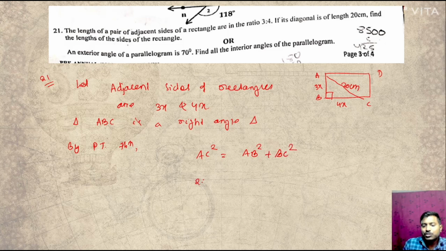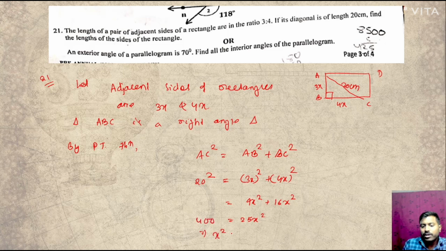So 20 square is equal to 3x whole square plus 4x whole square. Now we can solve: 9x square plus 16x square, that is 25x square, equal to 400.